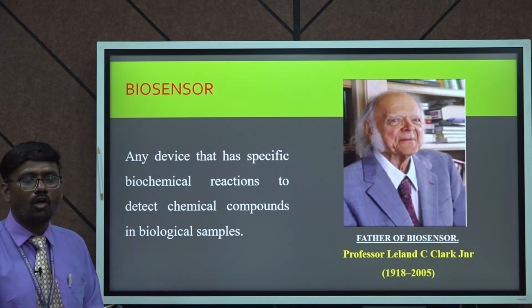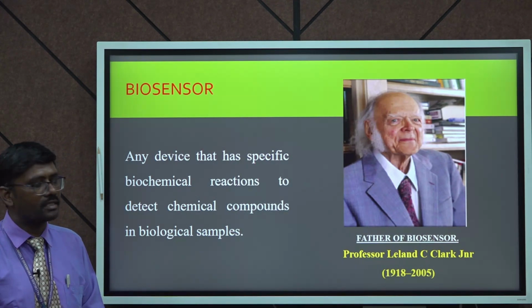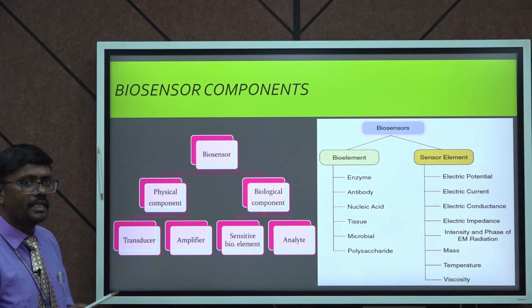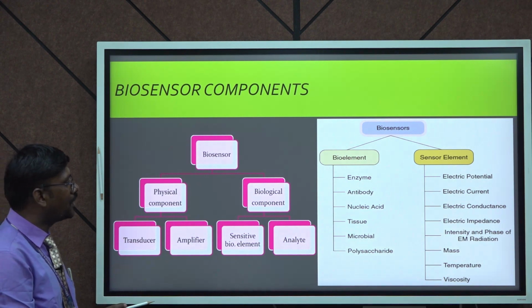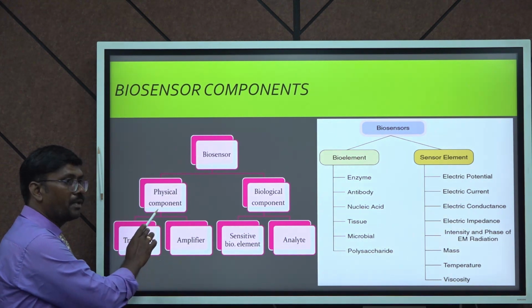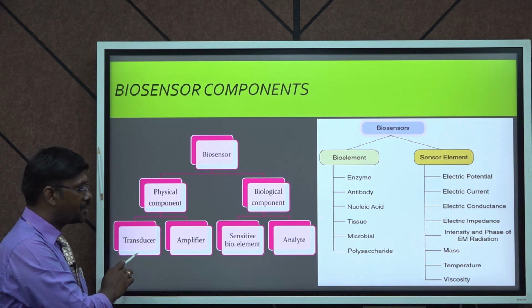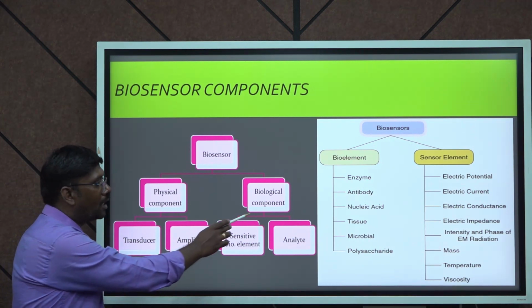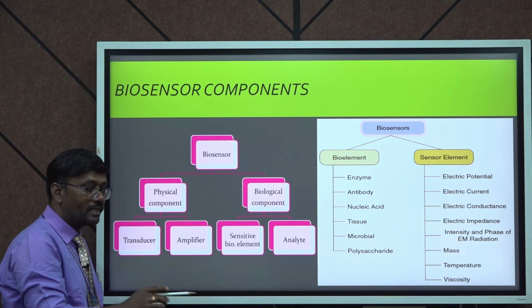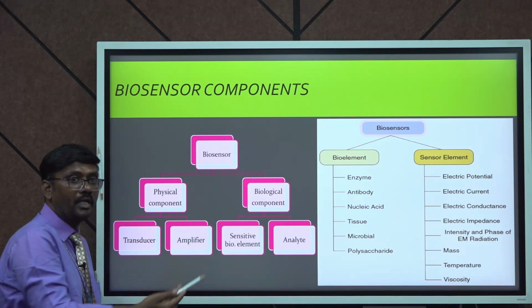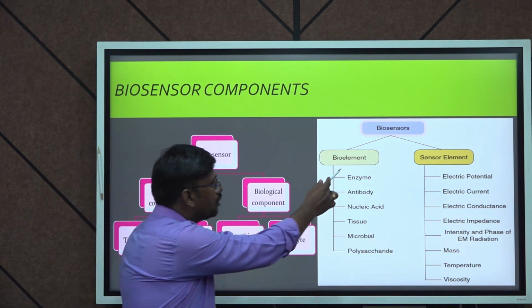It could be a common sensor, an electrical sensor or a chemical sensor. Here the biosensor has a physical component as well as a biological component. The physical component could be a transducer or amplifier, and the biological component acts as the sensing element, the analyte.